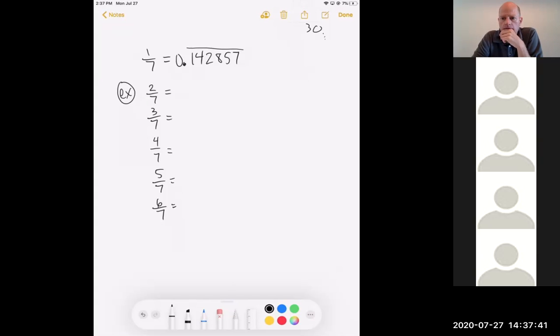I do. Okay, Nicole, you got 2 sevens. A volunteer for 3 sevens. I can do 3 sevens, Dr. B. Okay. Next one, 4 sevens. Just divide it. Okay, great. Thanks, Shelby. Divide it on your calculator and tell me what the answer is. 5 sevens, volunteer.